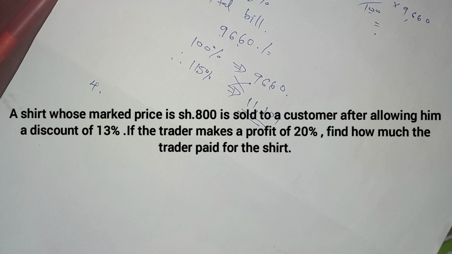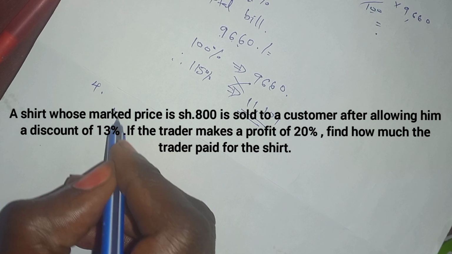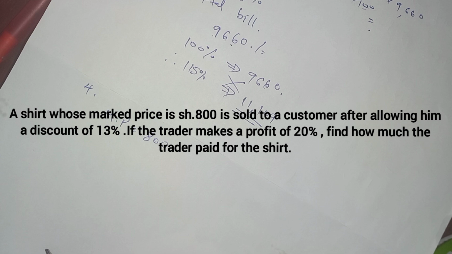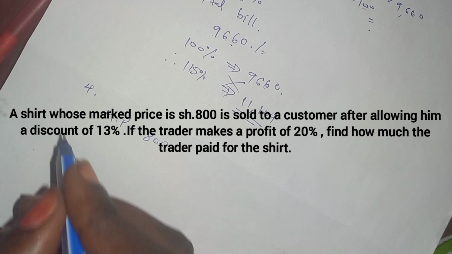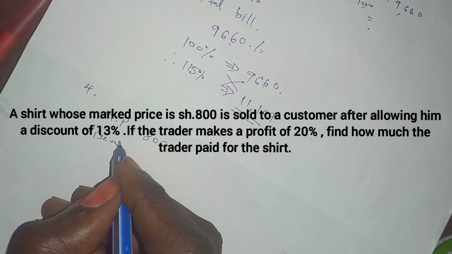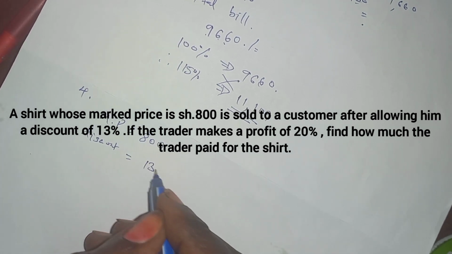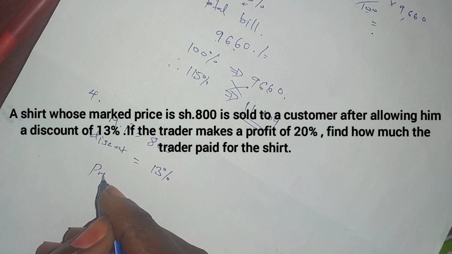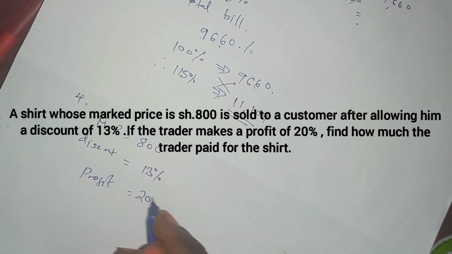For number 4 here, you're told that a skirt whose marked price is 800 is sold to a customer after allowing a discount of 13%. If the trader makes a profit of 20%, find how much the trader paid for the shirt.